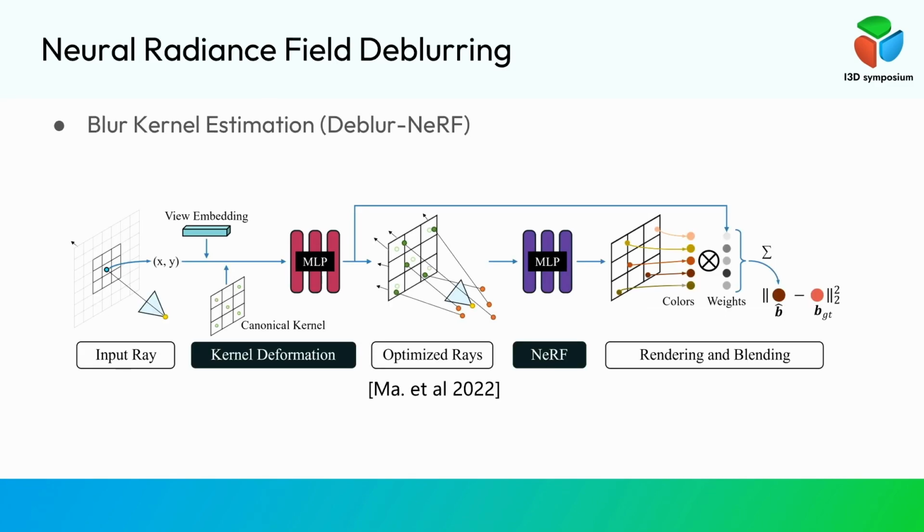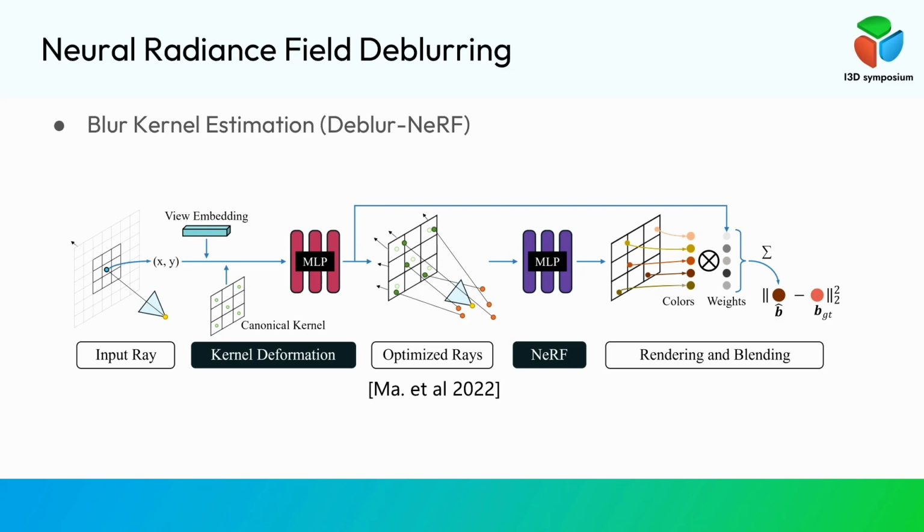So another piece of work arises that is based on neural radiance field. Reconstructing accurate neural radiance fields using blurry input images has been actively researched by the NeRF community. Deblur-NeRF introduced an end-to-end framework that jointly estimates the pixel-wise spatially varying blur kernel, that's here the canonical kernel, and the latent sharp radiance field, as here the NeRF MLP.